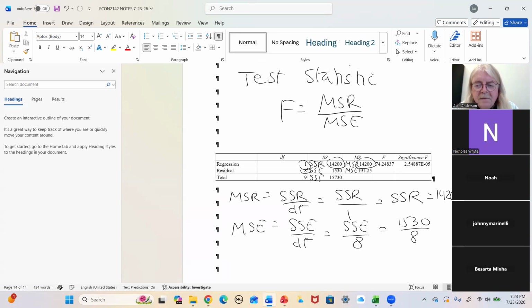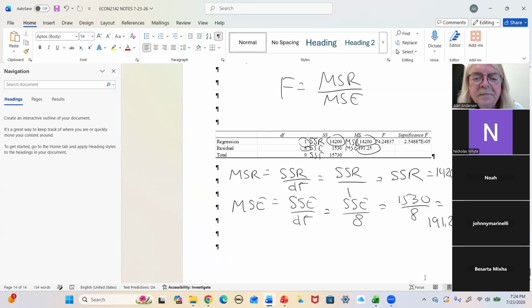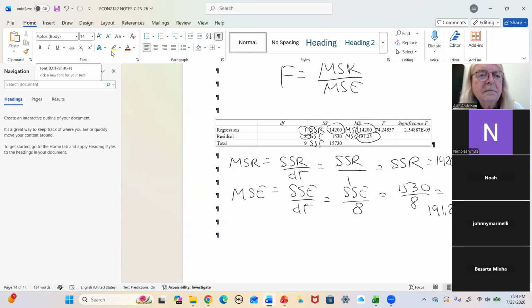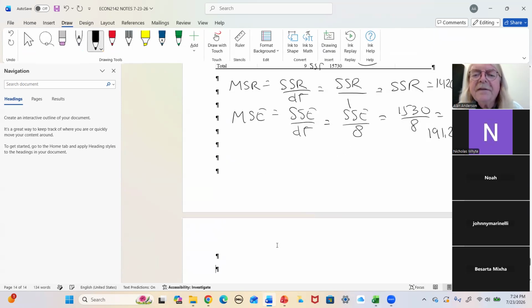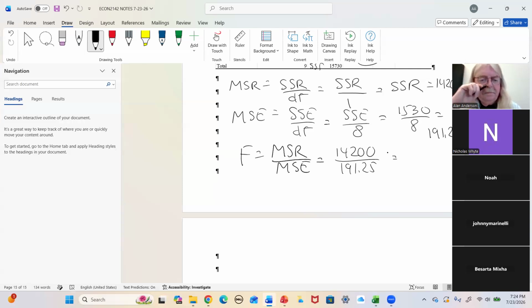Oh, this one at 14,200. 191.25. And that's what you're seeing here. And then the ratio of these two numbers is the F statistic. It's about 74.25, let's say.